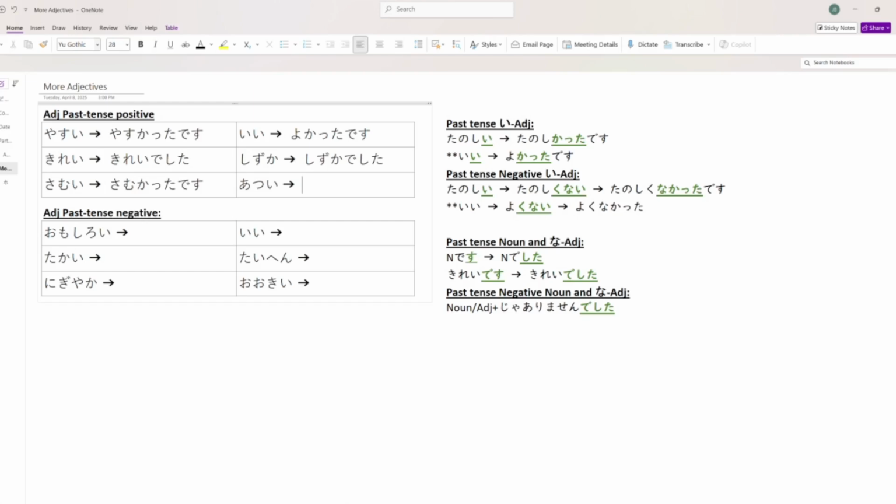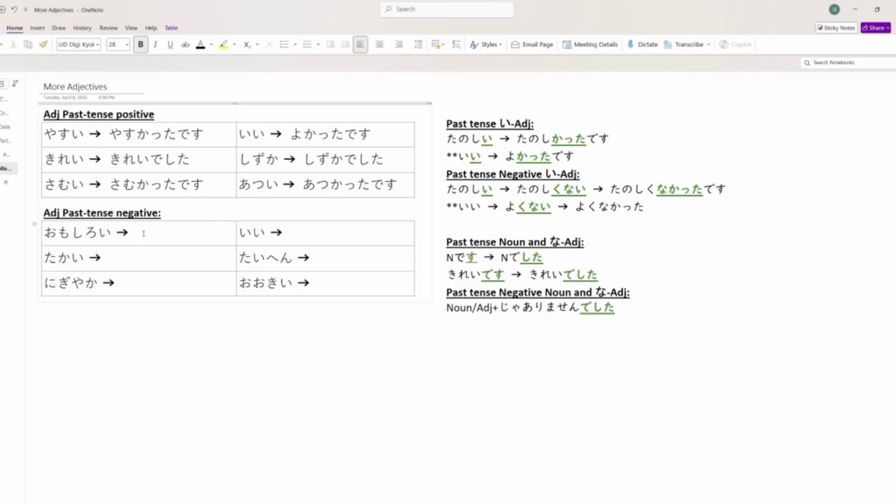Based off of the idea that samui behaves this way, and maybe that's not a great way to structure my thoughts, but I'm going to say atsukatta desu. はい、正解です。Okay, it does work. Yeah, it functions the same way because they're both E adjectives, right? All right.